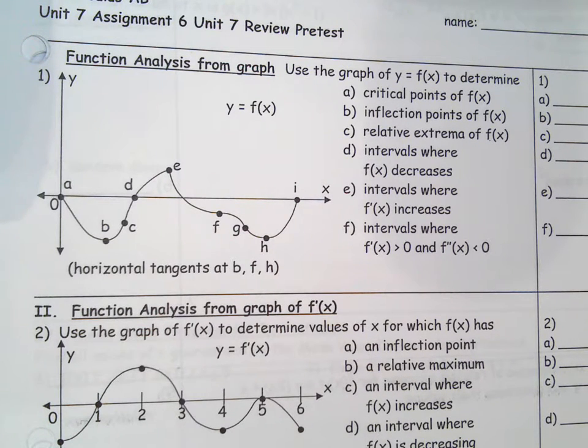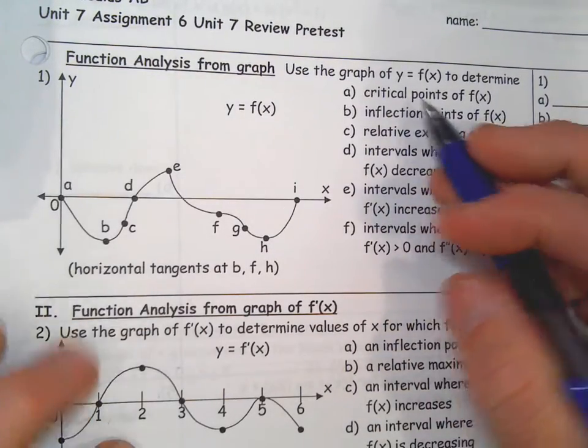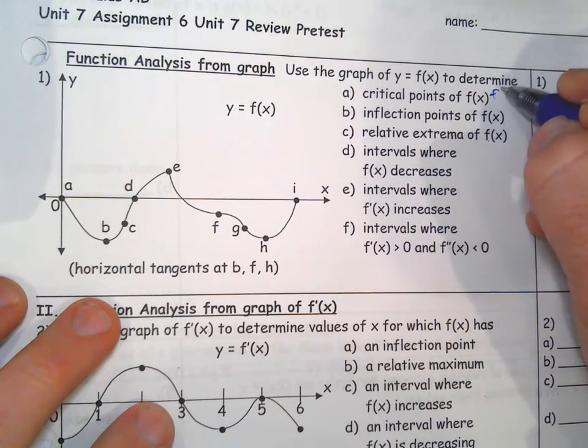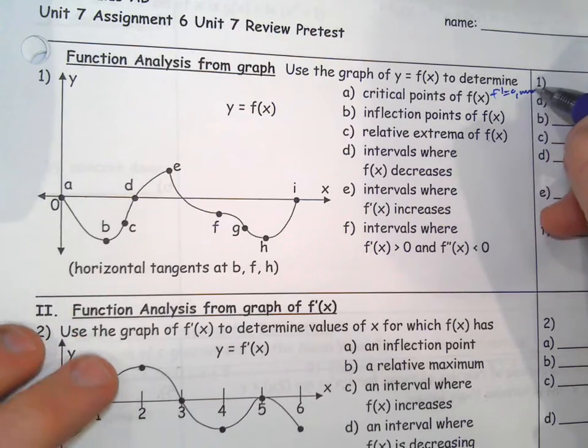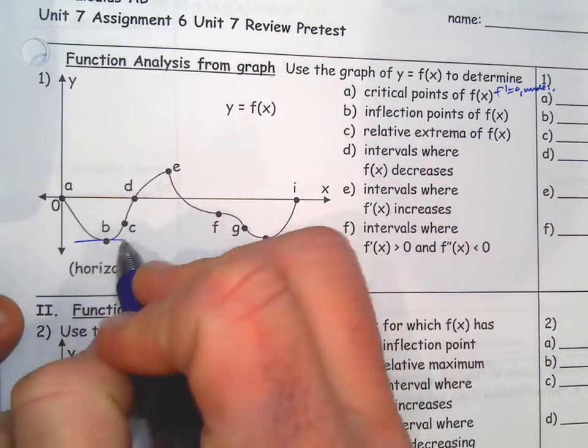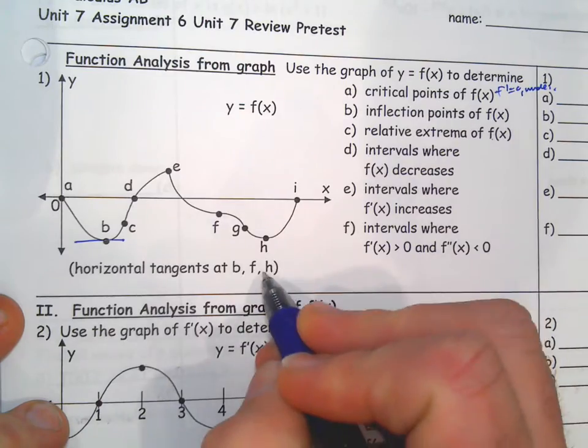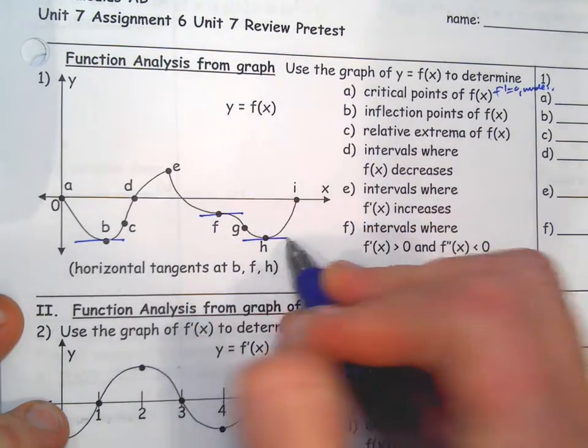Good practice. First problems. This is the actual graph of the function. Find the critical points. Critical points were f prime equals 0 or undefined. That's horizontal tangents, by the way, which are clearly at B, F, and H based off the description.